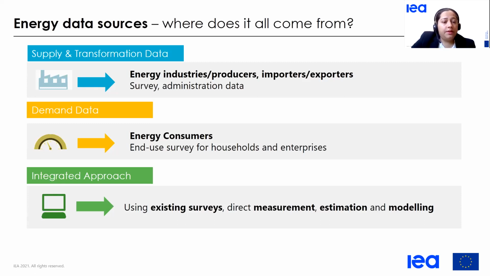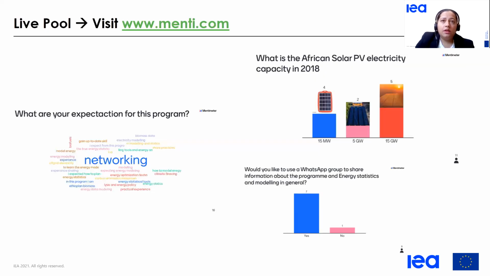There's also an integrated approach where we can use existing surveys to add more questions on energy data. You can use direct measurement for electricity, and also make use of estimations and modeling, for example, to fill gaps in surveys.